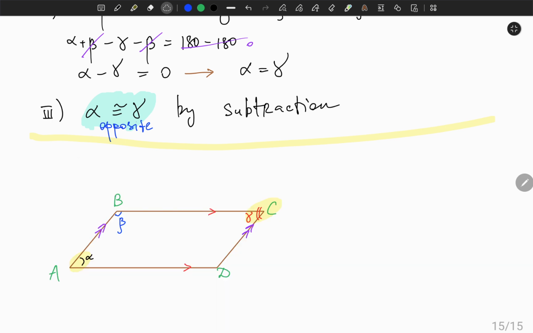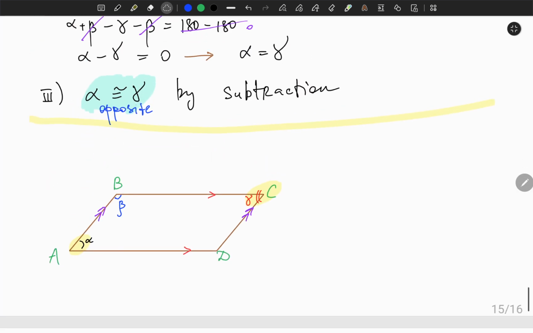All right, this is here, and number 3, diagonals bisect. Okay, let's try to prove that.